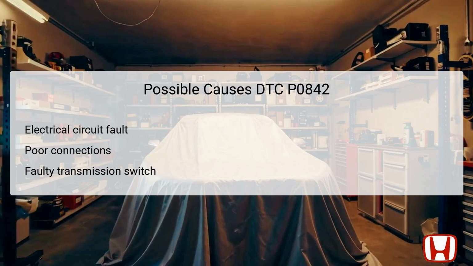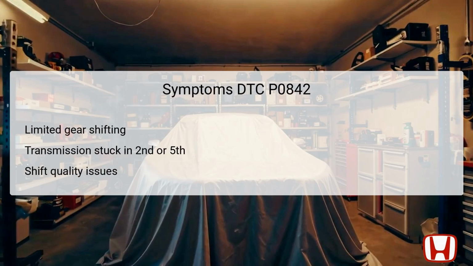Identifying these possible causes is necessary in developing an effective troubleshooting plan that can address and rectify the underlying issues. When the DTC P0842 is triggered, drivers may experience several noticeable symptoms that affect vehicle operation. Primarily, the most concerning symptom is that the transmission may only shift into second or fifth gear, greatly limiting the vehicle's drivability.